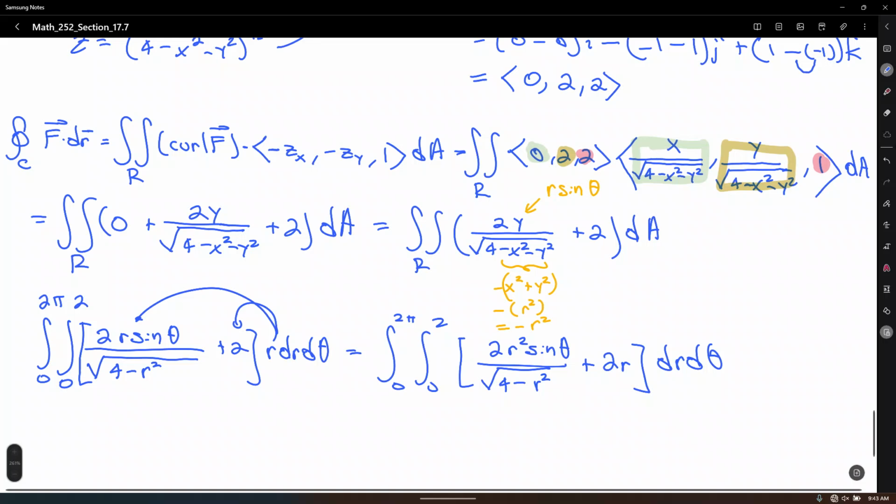Okay, look at that problem. Let's say you want to go the dr direction. What do you think about the dr direction? What would be your strategy to go about dr? I mean, integrating with respect to r. U sub? No? Do we have a case for a U sub?